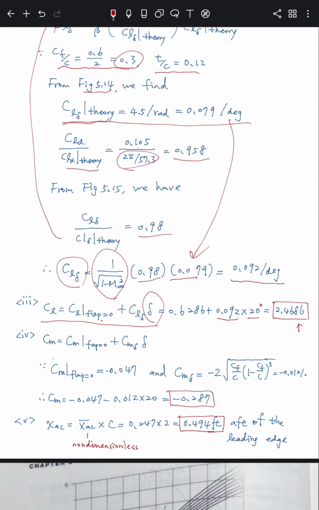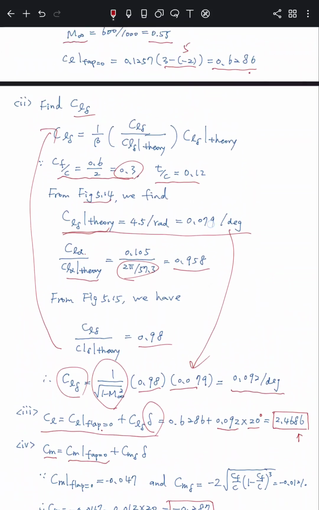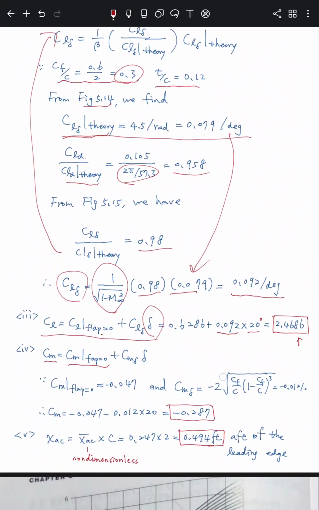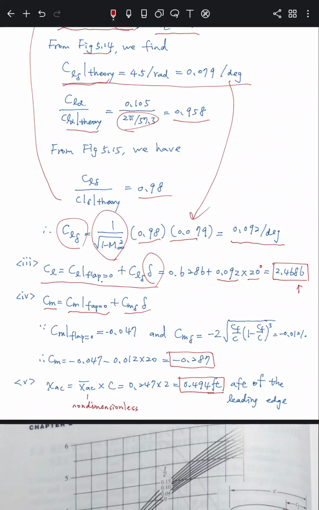The following step is to find CM in a similar way, and we get the values from the table given here. What's left is much easier because all we have to do is follow this equation. After that we multiply by 20 like here, so this is our second answer.